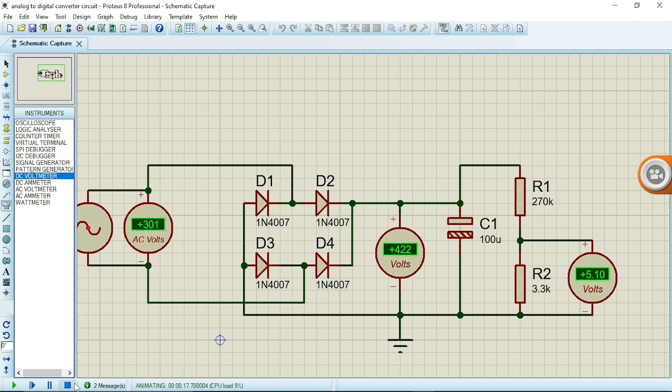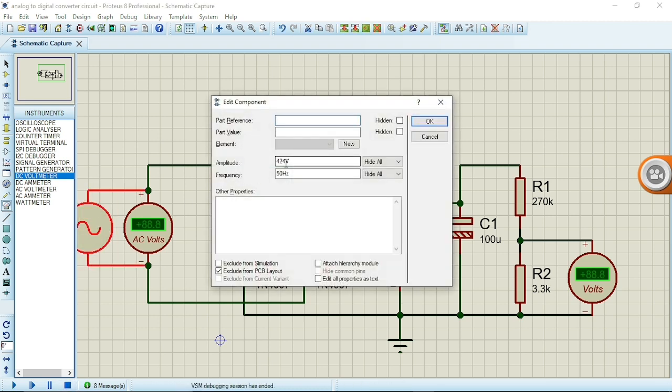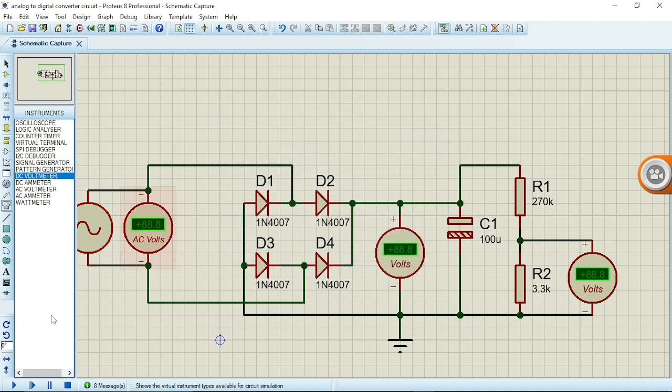So let me see what I have at 320 volts. Let me say at 500 volts amplitude, what do I have here? Yeah, this is 6 volts, and this is way too much.